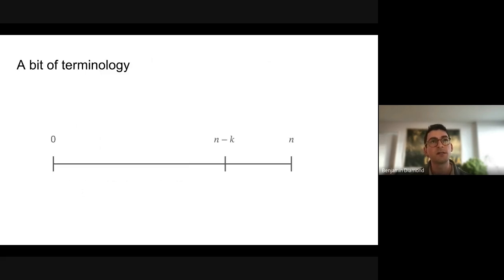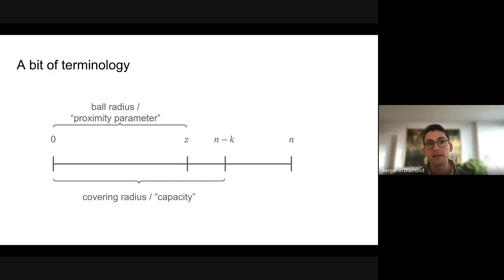Just to clear up some terminology, as Angus said, this is the covering radius, aka capacity. What we're going to do is pick a ball radius z that is less than capacity, and so here's our proximity parameter, ball radius, same thing. It's convenient to give a name to this: h. h is how far z is away from n minus k.